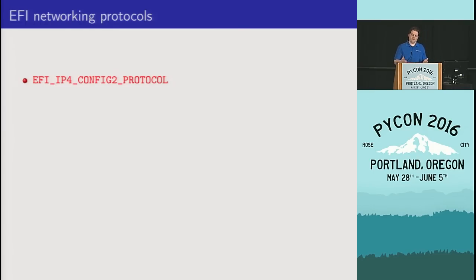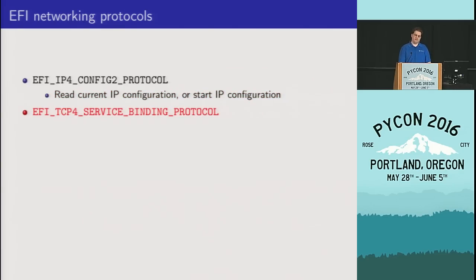So let's talk a little bit about the EFI protocols we're going to be calling. We've got the IP4 config2 protocol, which is how the DHCP happened. You saw when I did urllib2 that it first went out and took a moment to call the DHCP server and get an address. That's how you do this. You can set a static address or use DHCP. There's the TCP4 service binding protocol, which is a protocol to go give you a new socket.